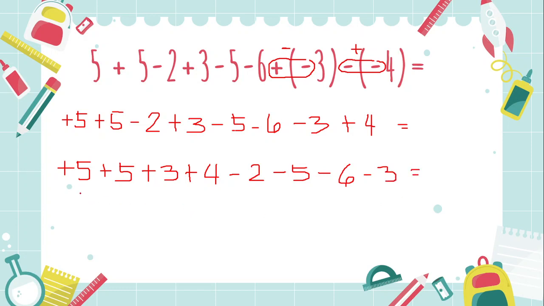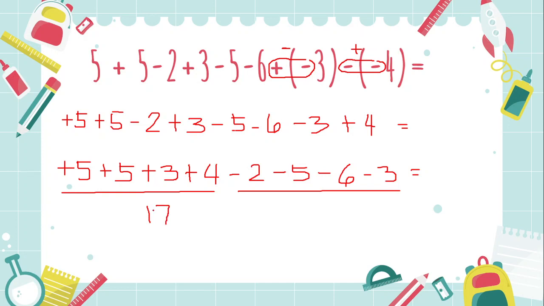Next, let's add all the positive numbers and all the negative numbers, because we all know that if the numbers have the same sign, all we need to do is add them together, right? So we have here 5 plus 5 plus 3 plus 4 equals 17.